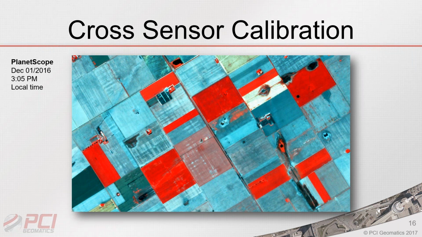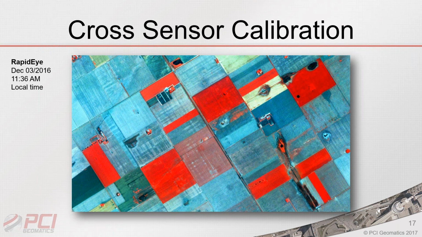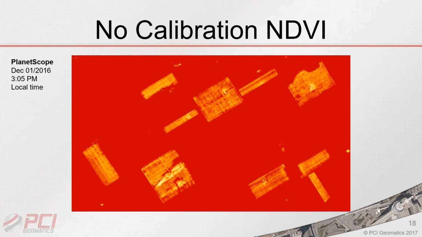We can see that the data sets look similar, but if we were to apply NDVI analysis on that data set without doing normalization, we would get some differences that maybe aren't due to what's actually occurring on the ground. So this is the NDVI from the first image, and this is the NDVI from the second image. You can see that those fields brightened up quite a bit. Now that's probably not due to the actual changes on the ground. It's due to the fact that we haven't normalized the data to surface reflectance. So it's critically important to do that.